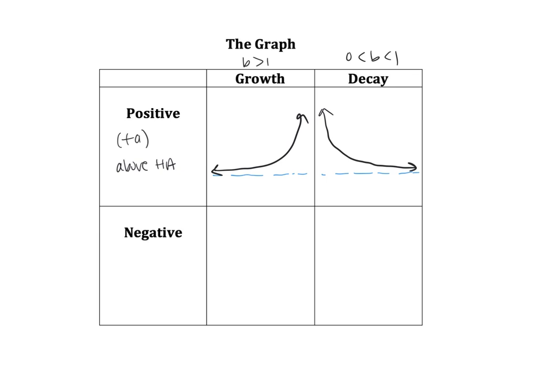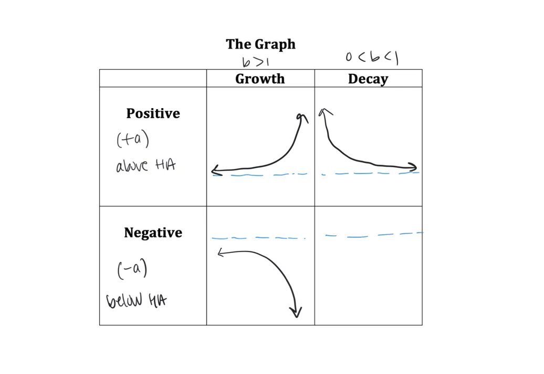If A is negative, what that means is that the graph will be below the horizontal asymptote. So you can think about it as just a reflection of this graph we have right here, looking like this. Same thing over here.